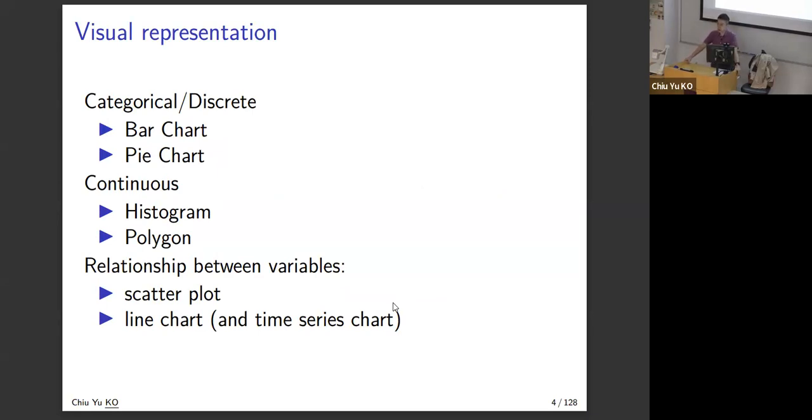But how to make good graphics is something you have learned since kindergarten. You use the color pen and draw things, so you should be able to do it.